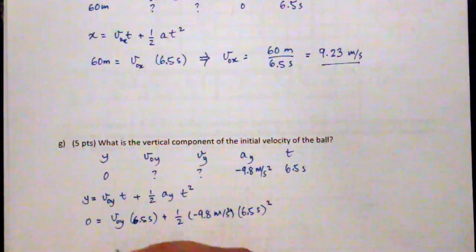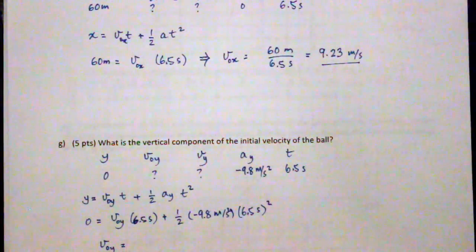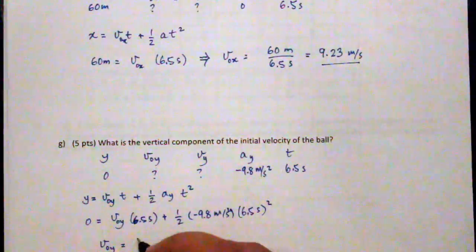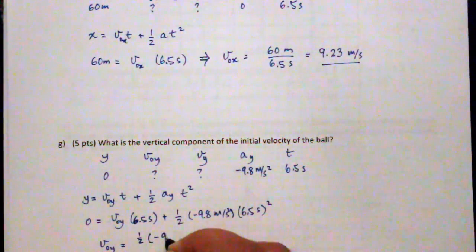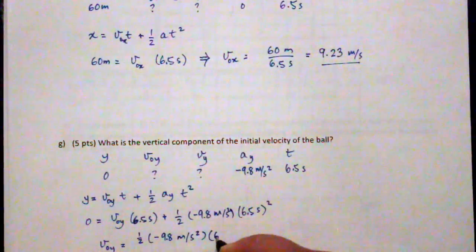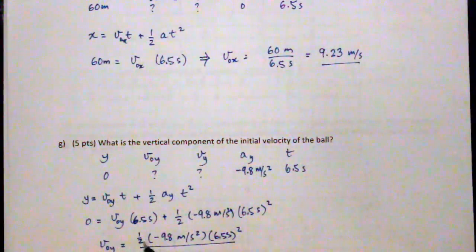Now this means that V naught y is equal to this piece, half minus 9.8 meters per second squared multiplied by 6.5 seconds all squared, over this piece with a negative sign.